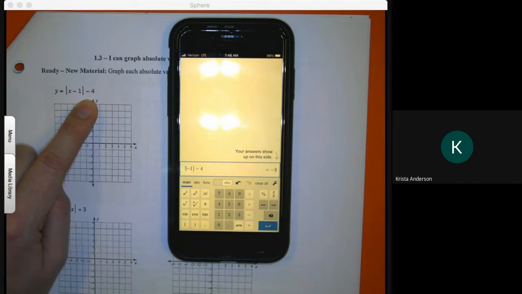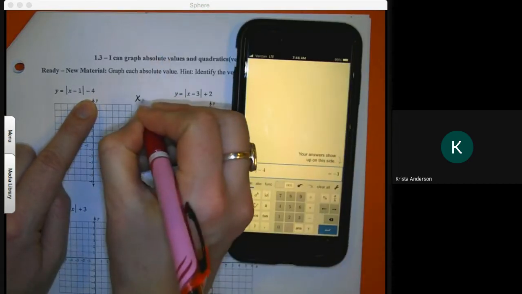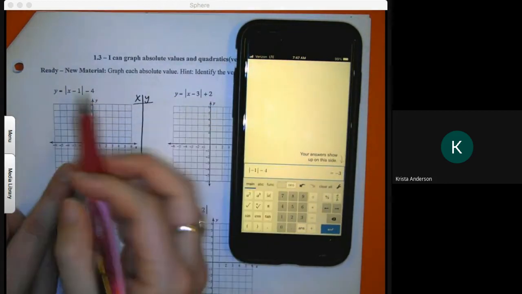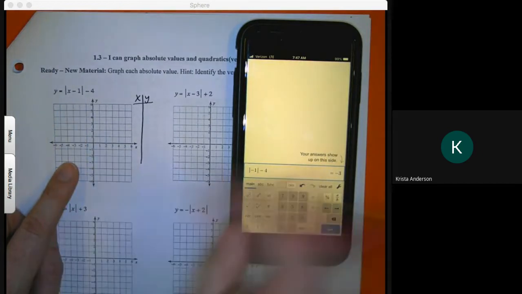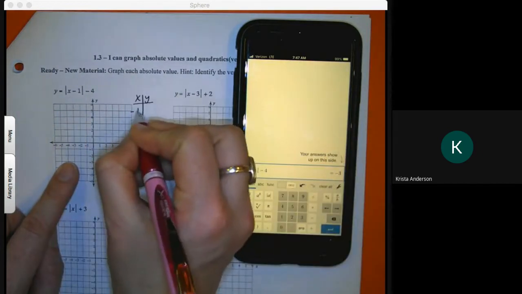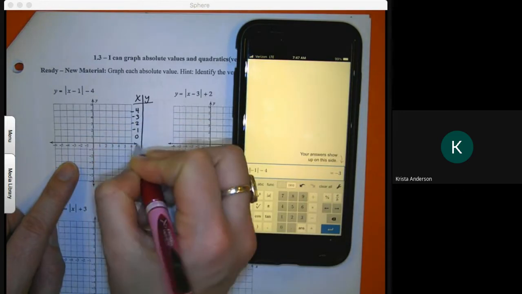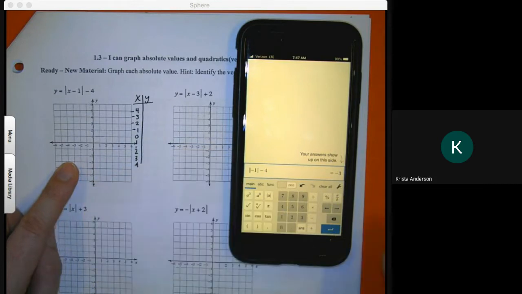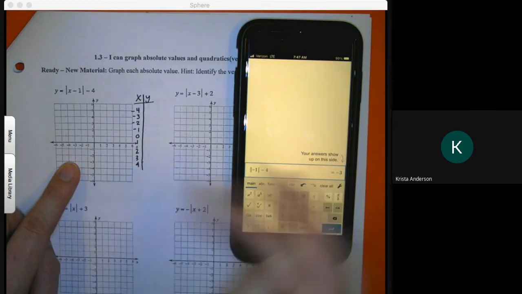I'm going to substitute numbers in to this equation right here to see where my points are within the graph. I'm going to go from -4, -3, -2, -1, 0, 1, 2, 3, 4. I'm going to plug in a bunch of numbers and see if you figure out the pattern.